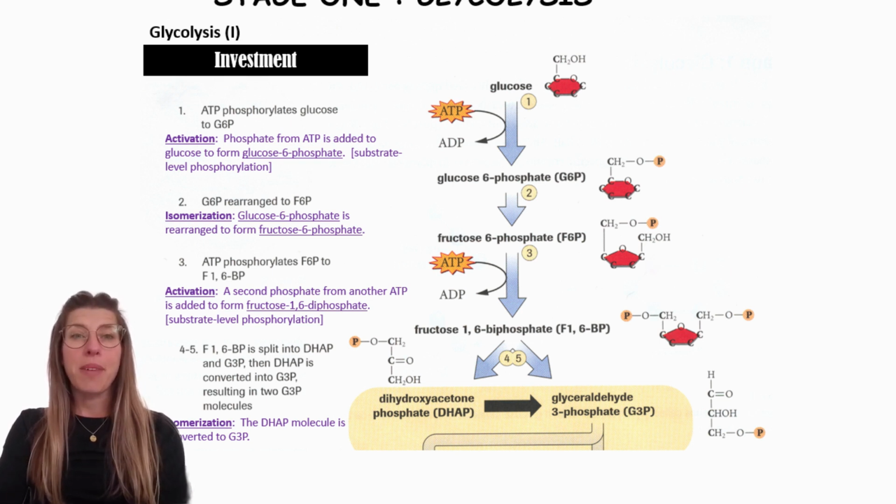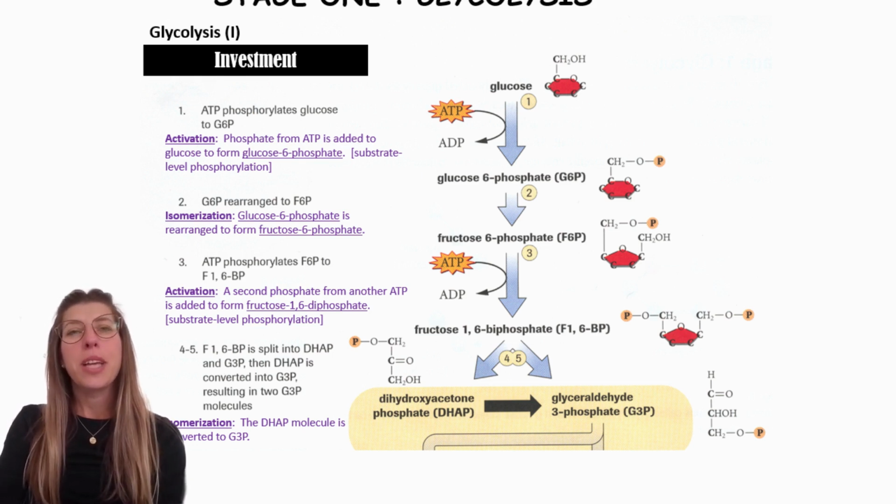So we start with our glucose molecule. You can see on the diagram on the very top right, it's showing that 6-carbon ring structure of glucose. And it actually requires some ATP to phosphorylate glucose into a compound called G6P.